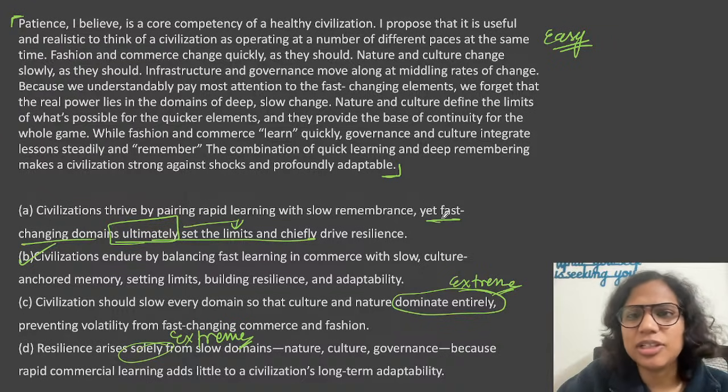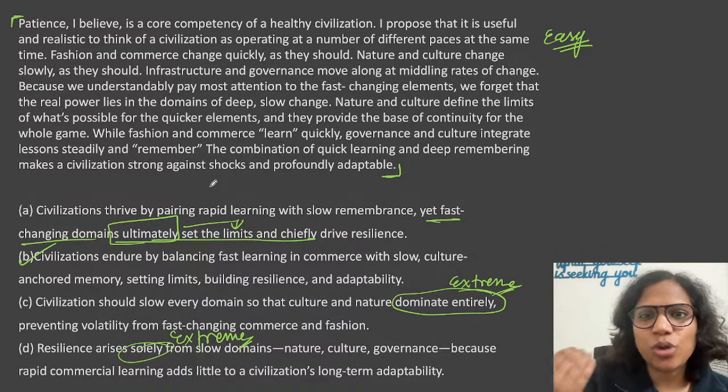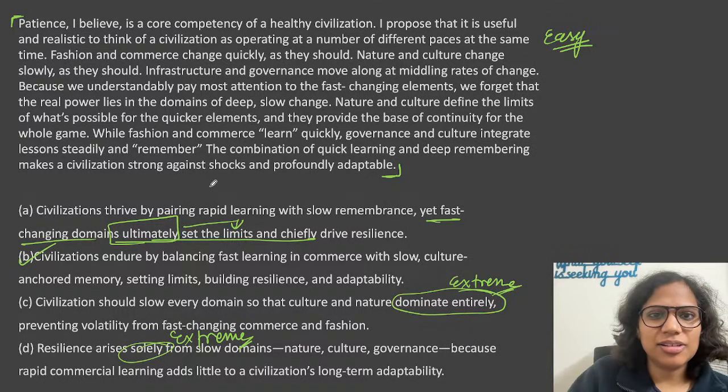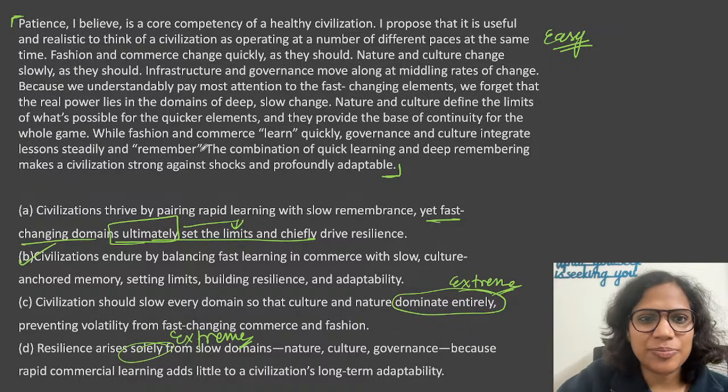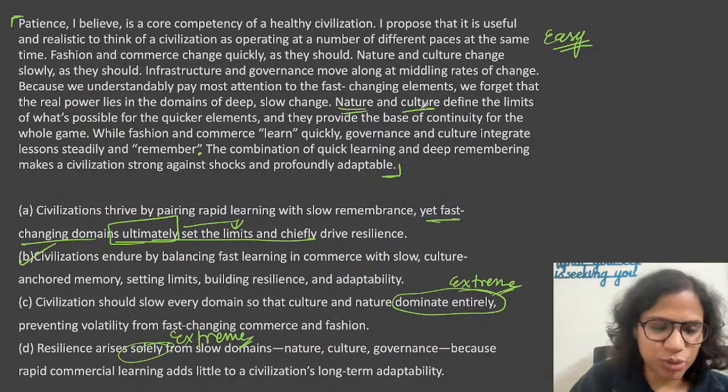No, that is not given in the paragraph. In fact, the author is kind of on the side of slow change, slow learning, that we need to actually see that part as well. Okay, so lessons, we need to look at the nature and culture and then integrate the two.